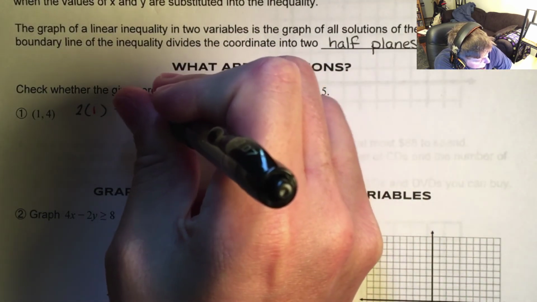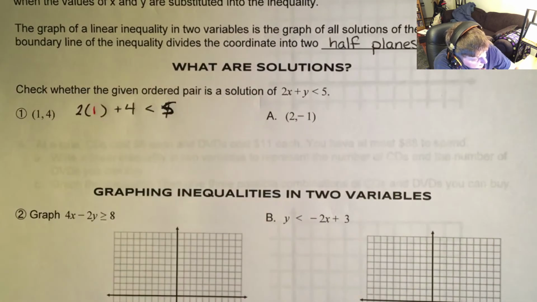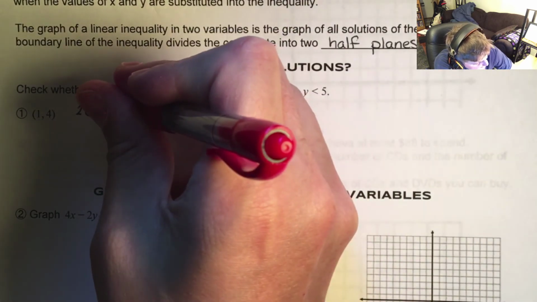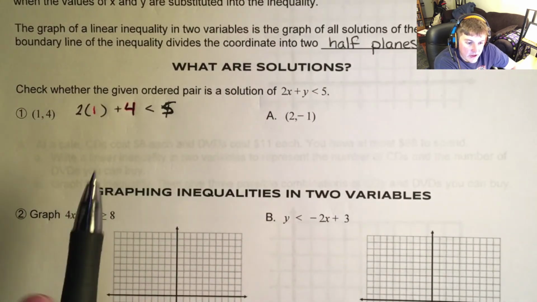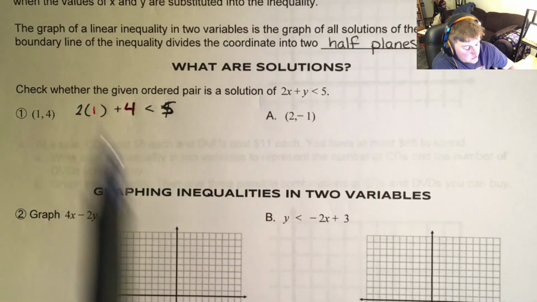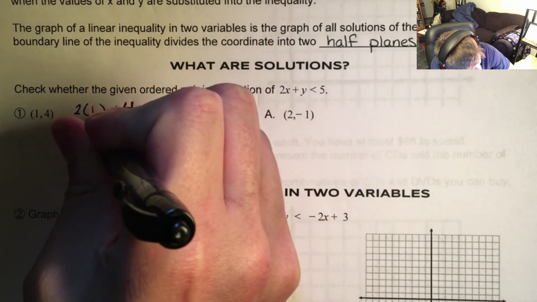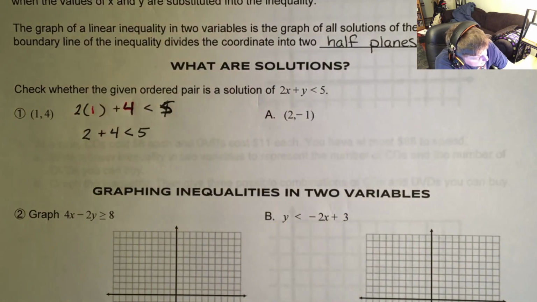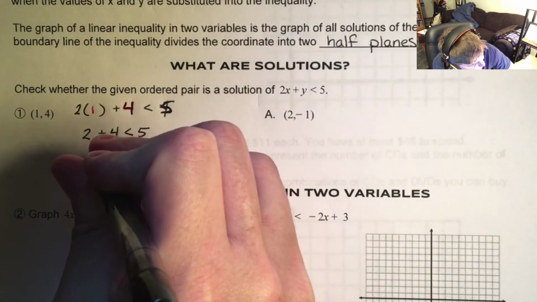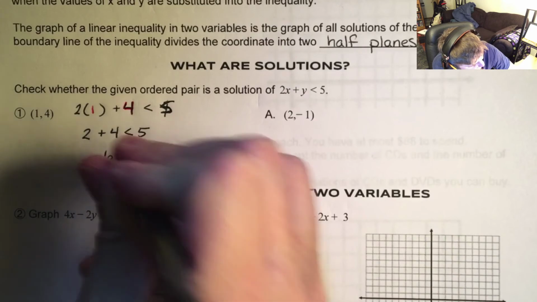So this is going to be 5 here. And I probably should have put this 4 in red, as that's me replacing the variable. Not that it's incorrect. Okay, so then here I have 2 times 1, which is 2, plus 4. And this is going to be less than 5. And then 2 plus 4 is 6, which is less than 5 is this statement.